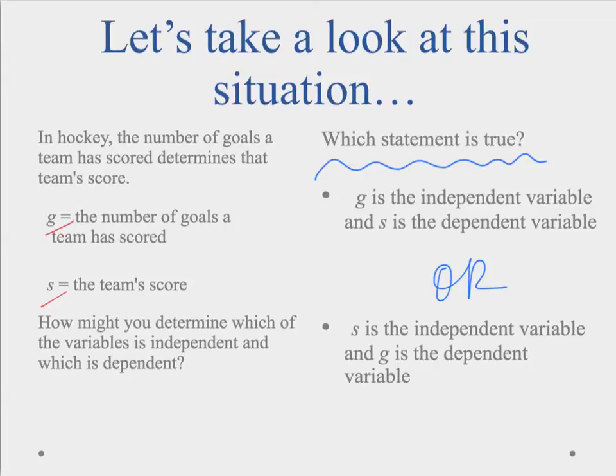Our score is impacted by how many goals we make. So G is the independent and S is the dependent. Go ahead and mark that on your sheet, please.